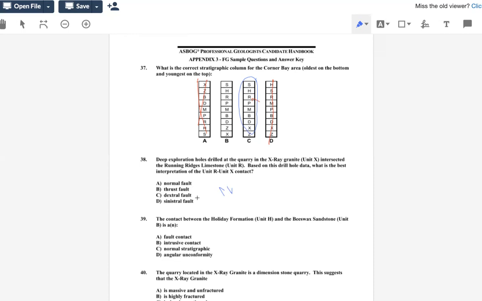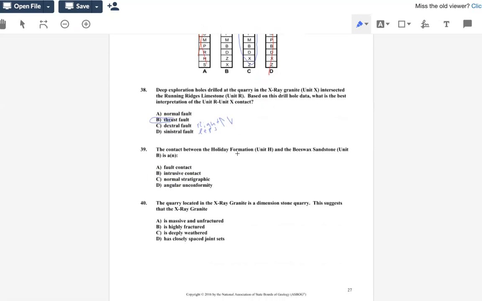Dextral fault, so that's just a right lateral strike slip. Sinistral, that's a left lateral. And we're not going to see really old and really young material together in any of these except a thrust fault. Booyah.